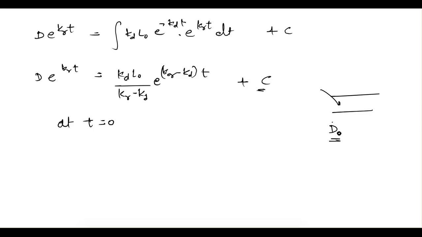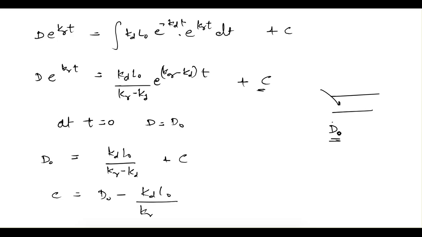So at t equal to 0, D is equal to D naught. If we put t equal to 0 here, this becomes D naught equal to kd L naught upon kr minus kd times 1, plus c. So c is equal to D naught minus kd L naught divided by kr minus kd.